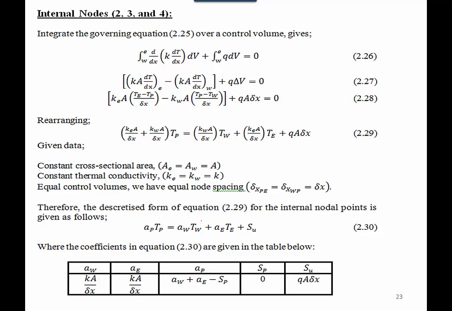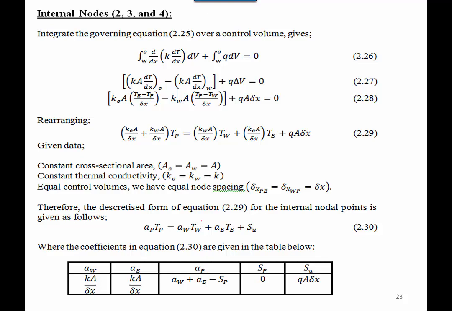A east equals A west equals A, and with a constant thermal conductivity K east equals K west equals K, and delta x from P to E equals delta x from W to P equals delta x. Therefore, the general discretization equation for the internal node will be written as shown in equation 2.30.